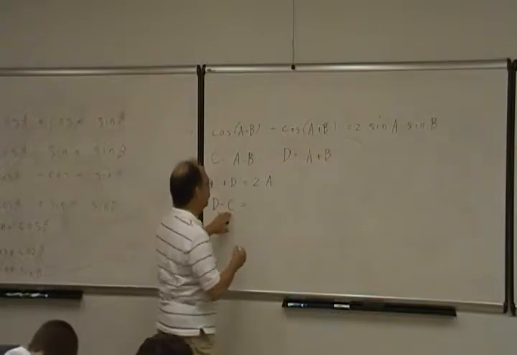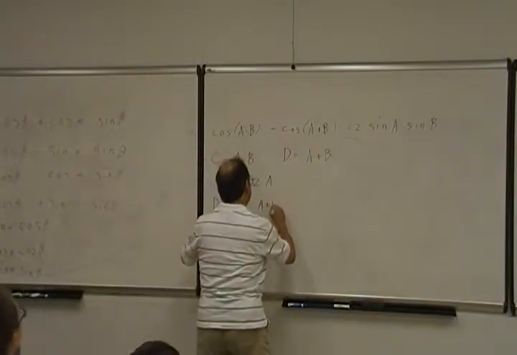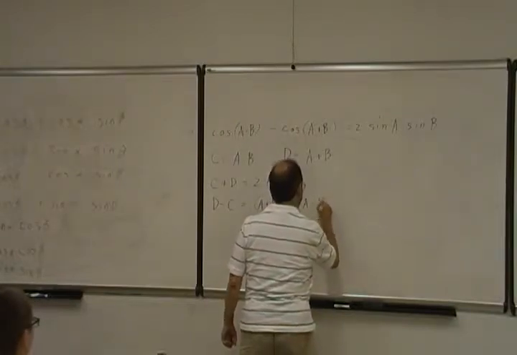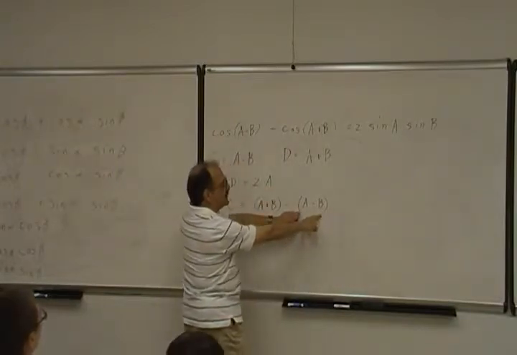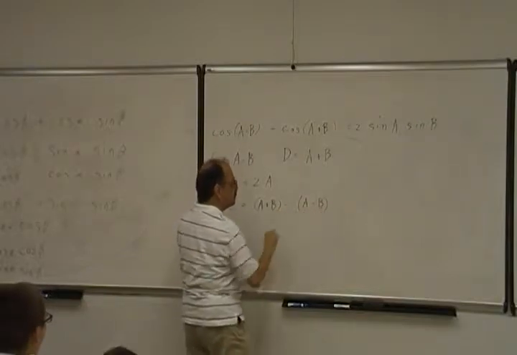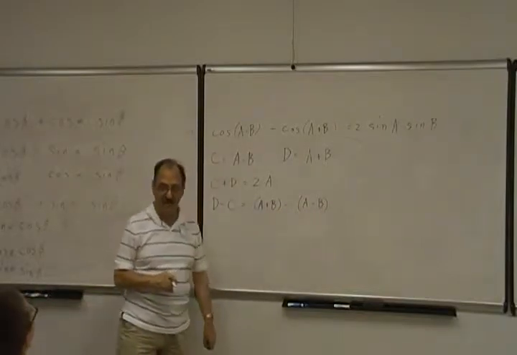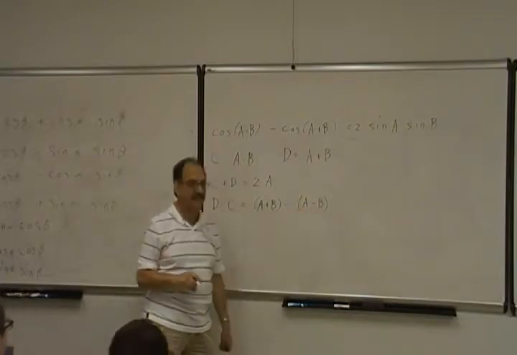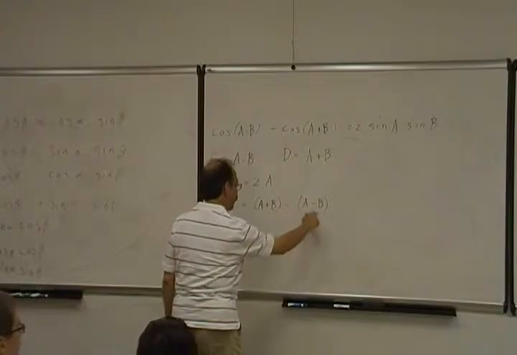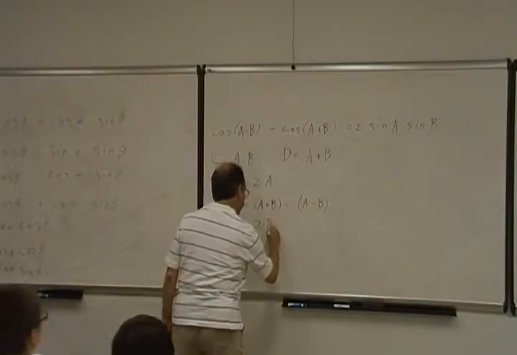I'll do it slower. D is A plus B minus C, which is A minus B. You got to remember parentheses there. If you don't and just do minus A minus B, everything will cancel off. But this is minus A plus B. So B plus B is 2B.